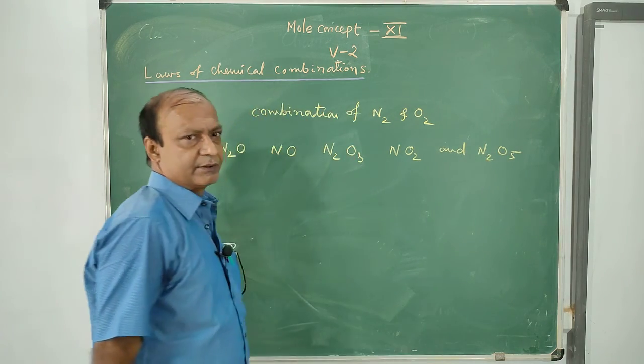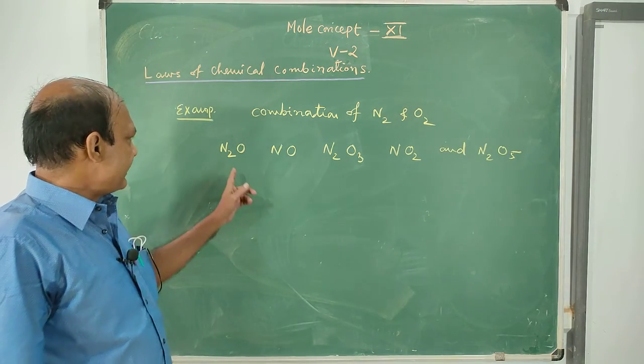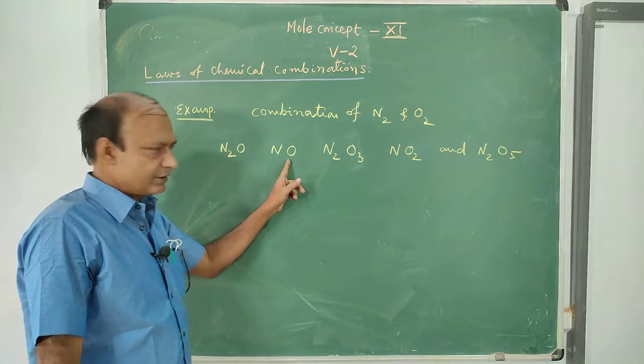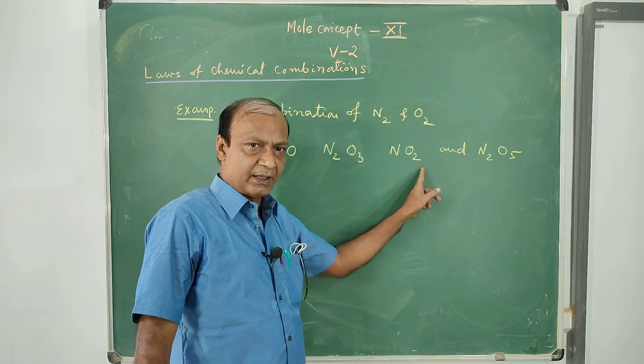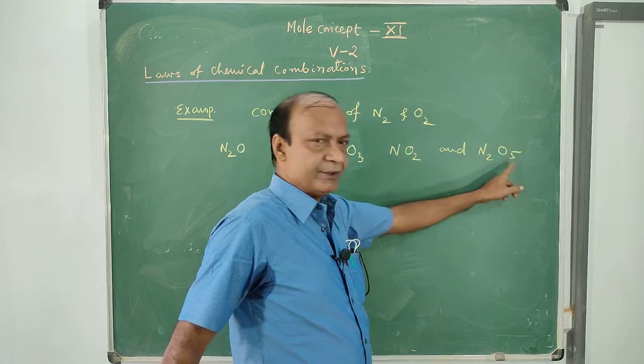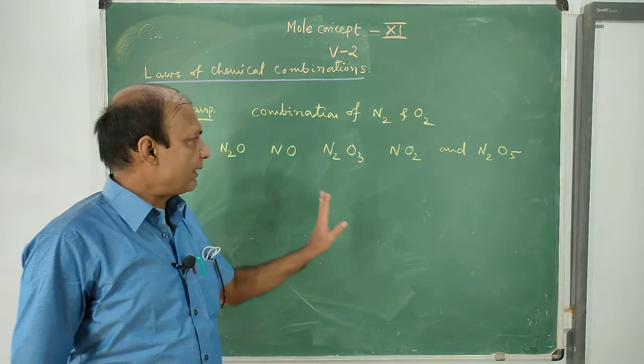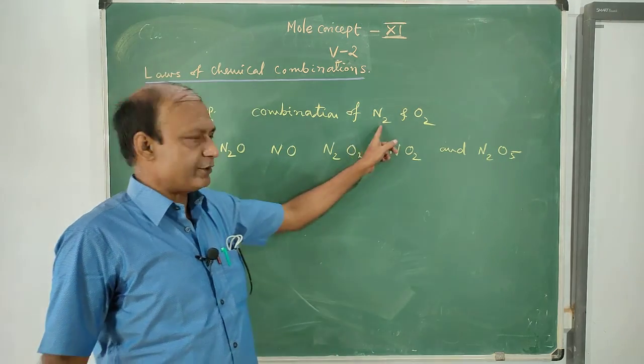So there are 5 oxides of nitrogen, and their names are nitrous oxide, nitric oxide, dinitrogen trioxide, nitrogen dioxide and dinitrogen pentoxide. These are the 5 oxides formed by nitrogen.